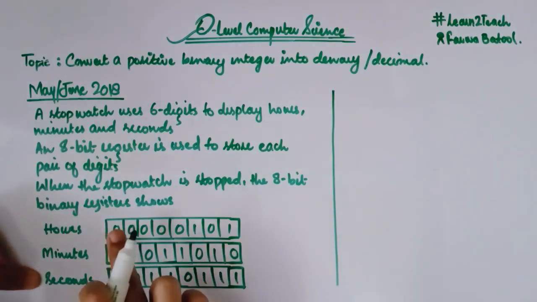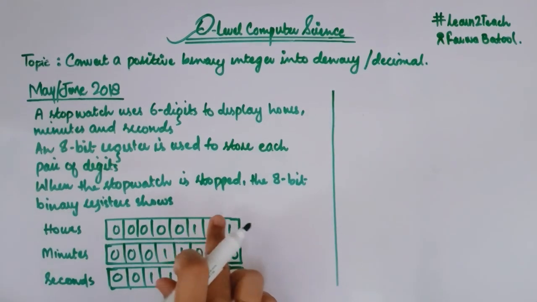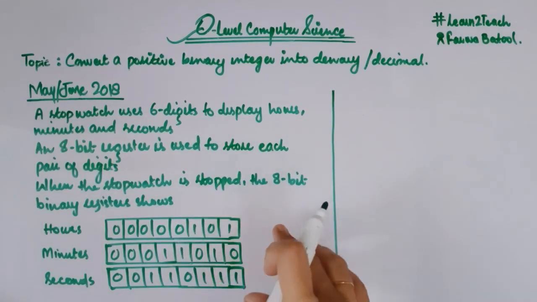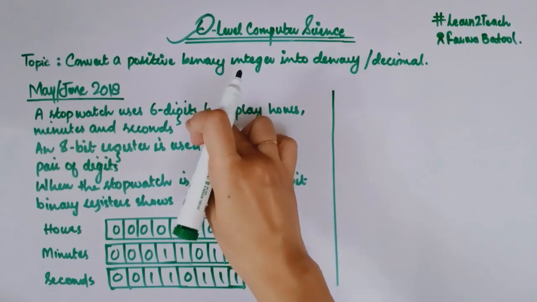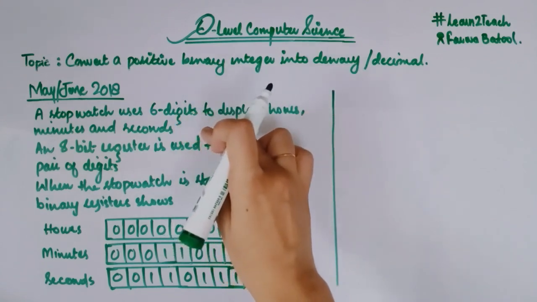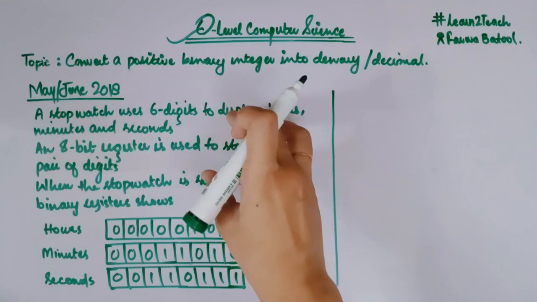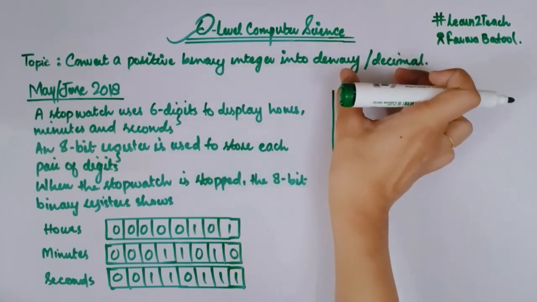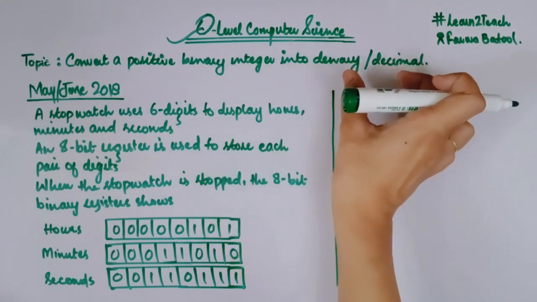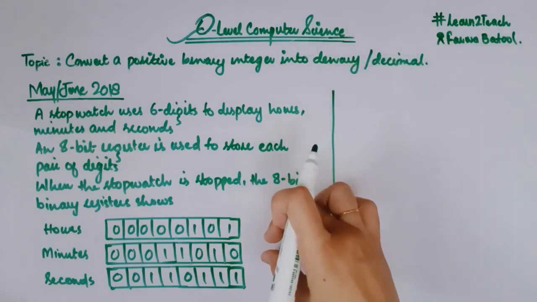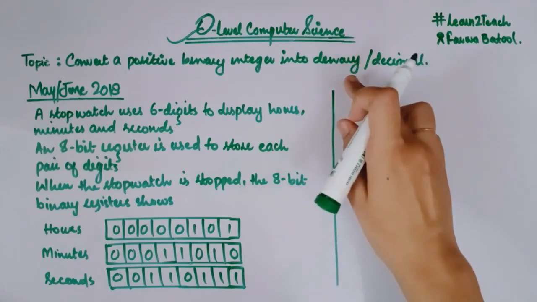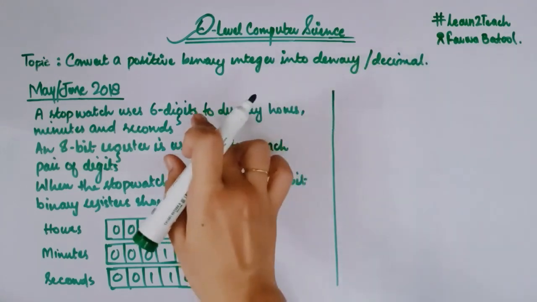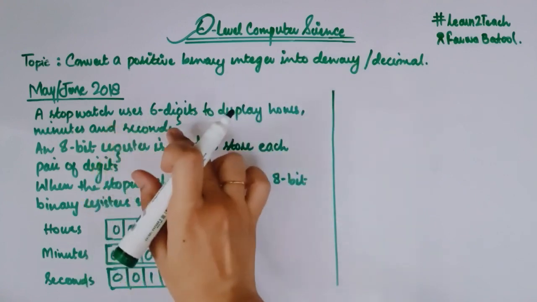The size is 8 bits for each register. What we need to do here is find the 6 digits for hours, minutes, and seconds that are shown on the stopwatch in decimal or denary form. So we need to convert each of these 8-bit binary register values into denary or decimal in order to find the 6 digits, 2 for each of these.